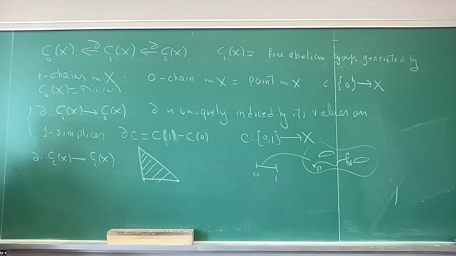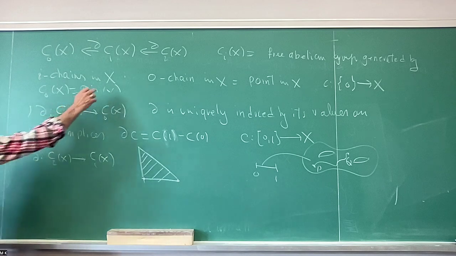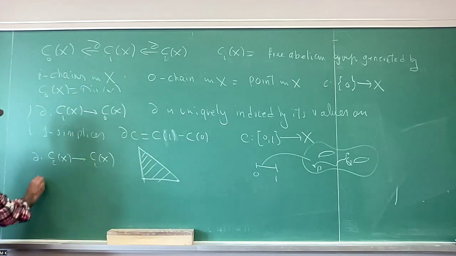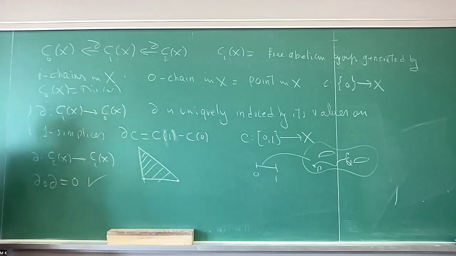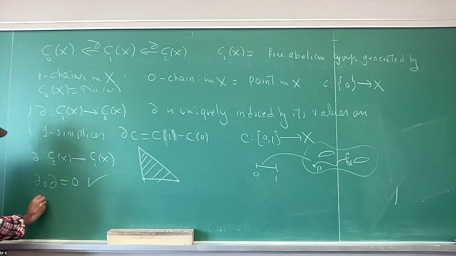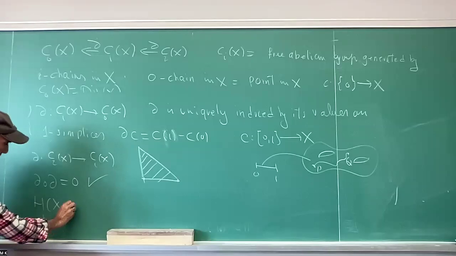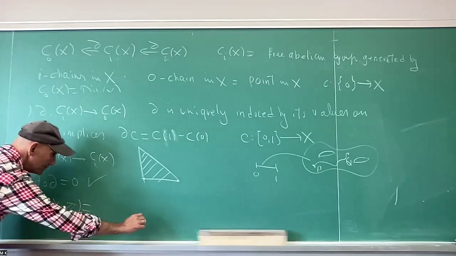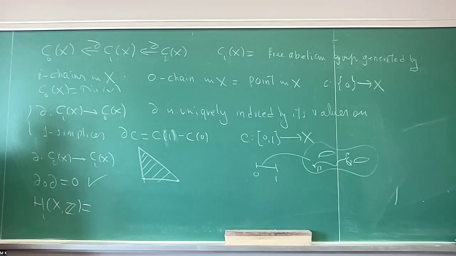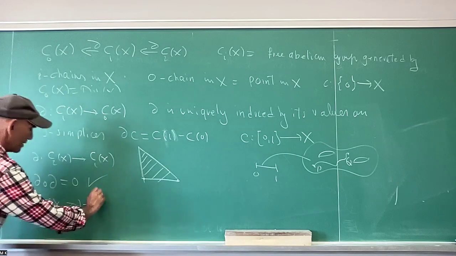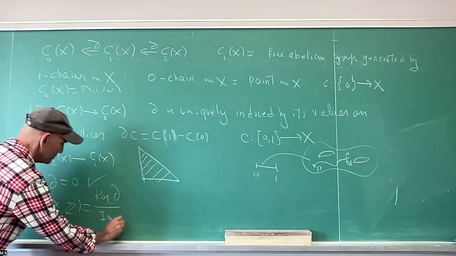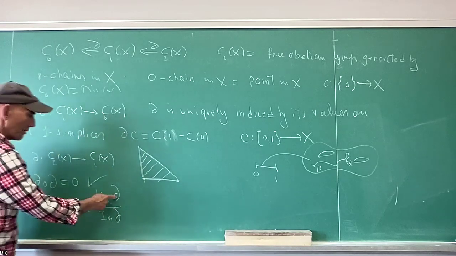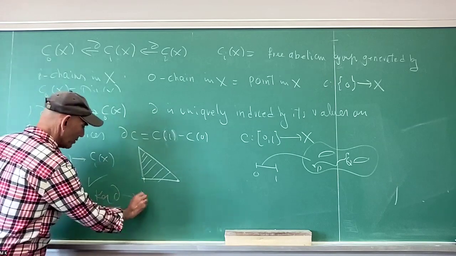I have to take a break now, but you can check that D composed with D is equal to 0. This is not difficult. And then we define H1 of X and Z to be exactly the kernel of D, like in any homology, divided by the image of D. The kernel of D are called one cycles.